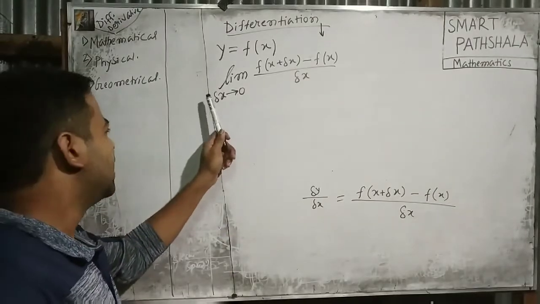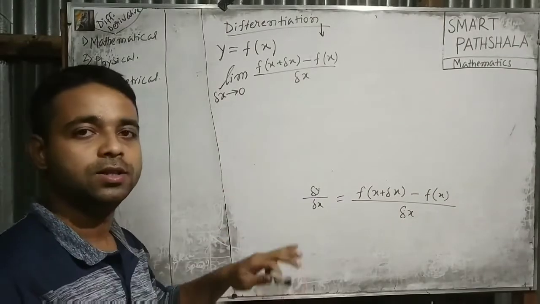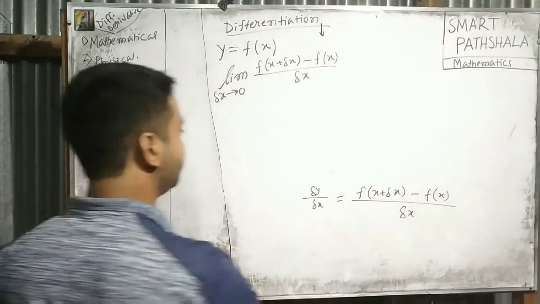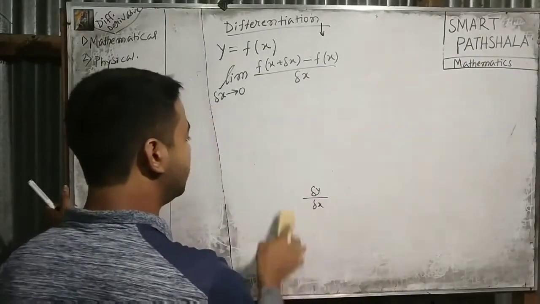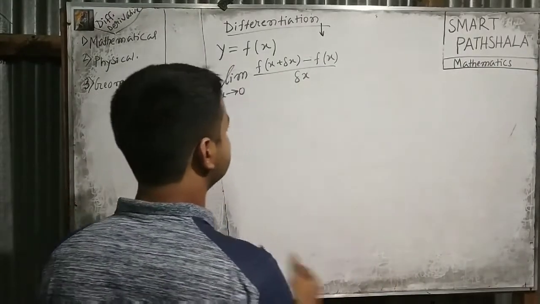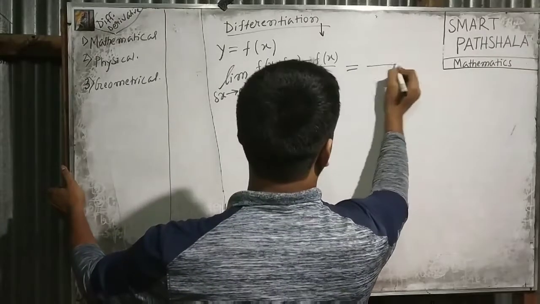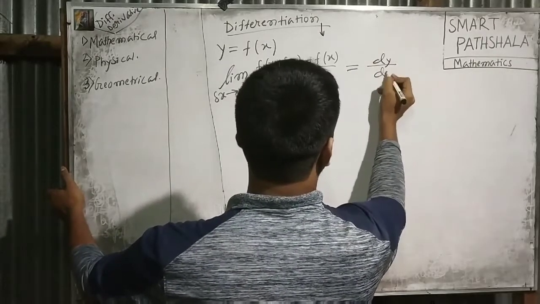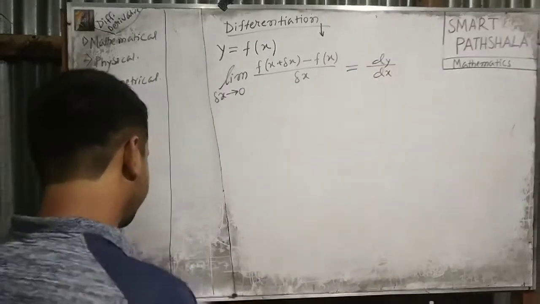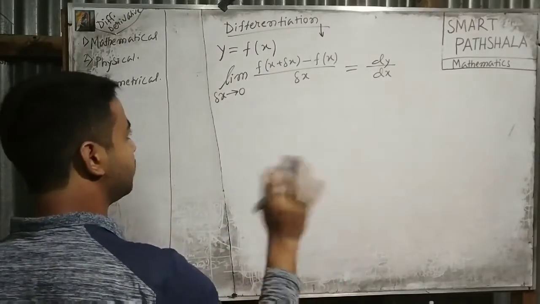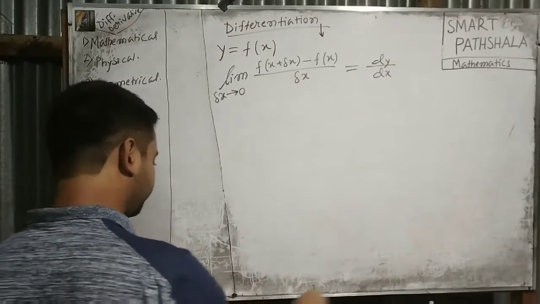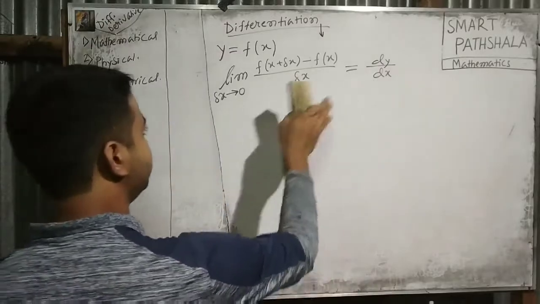When this del x is very small, that is, it is tending towards 0, then we can write this del y by del x as dy by dx. Perfect. Now, cool. So we have derived this thing.